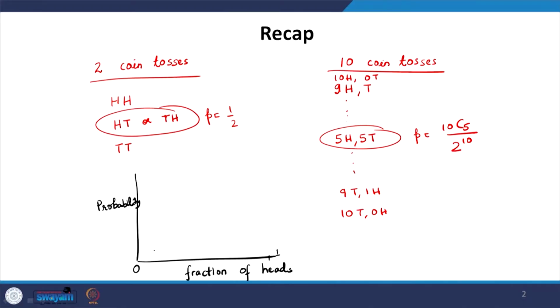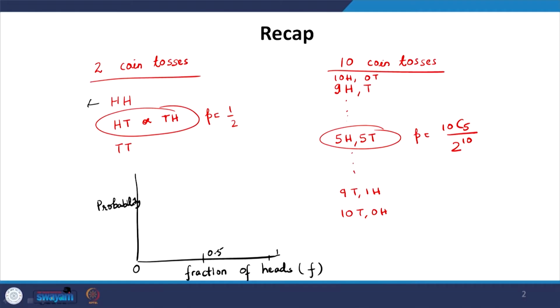So, one thing is clear, that whatever this function looks like, it must have a peak at f equal to 0.5, where f is the fraction of heads. However, how the distribution will look is going to change.